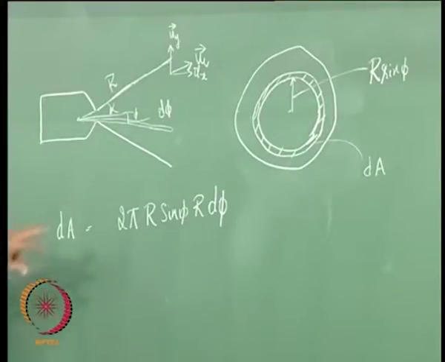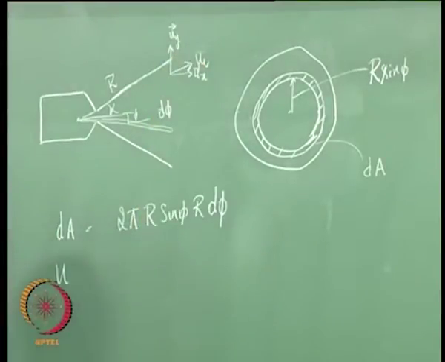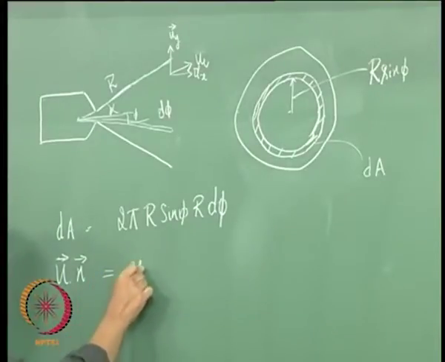And we know that the normal is u dot n, not a vector, u e. u dot n is what we are looking for. This is nothing but u e, and the component in the x direction, what is that going to be?